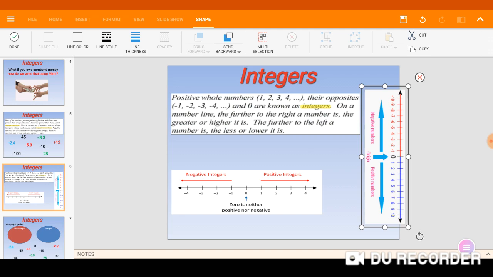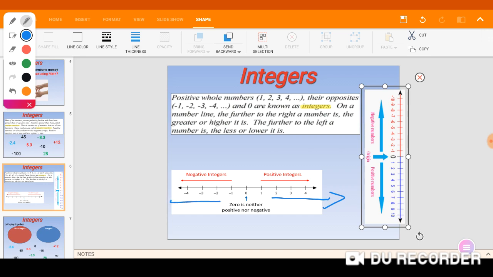If we go to the right-hand side, we find the greater numbers, the positive numbers, which are greater than 0. The further to the left-hand side of the number line, we get lower numbers, which are the negative numbers, okay? And what about 0? 0 is neither positive nor negative, okay?